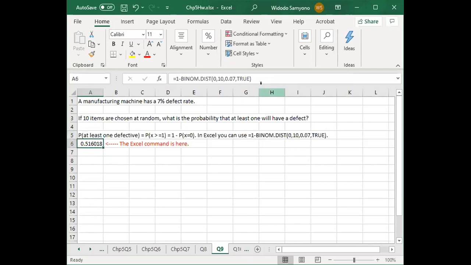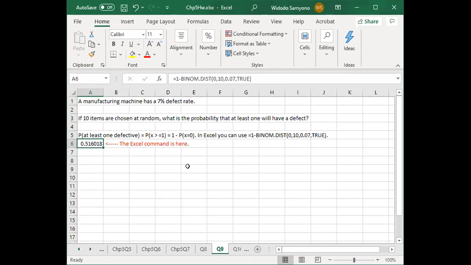The probability of greater than or equal to 1 is the same as 1 subtract the probability of x equal to 0. Instead of adding the probability from 1 to 10, you can subtract from 1 the probability of x equal to 0. So does that make sense?